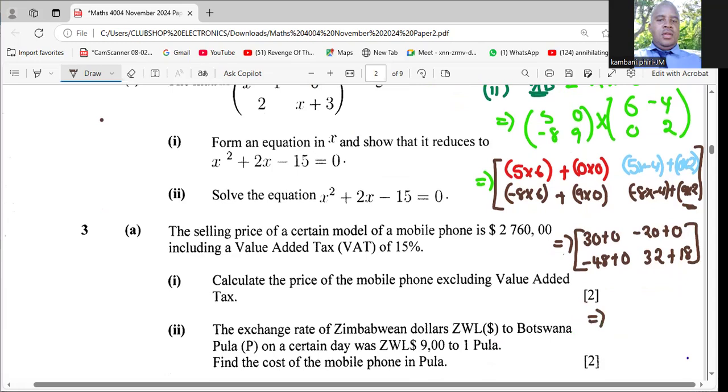Okay, so what do we get when we add? The final answer for A times B, we have 30, negative 20, negative 48, and we get our 50. Okay, 32 plus 18, that's our 50 there. So this is our solution for AB. I hope that is fine.